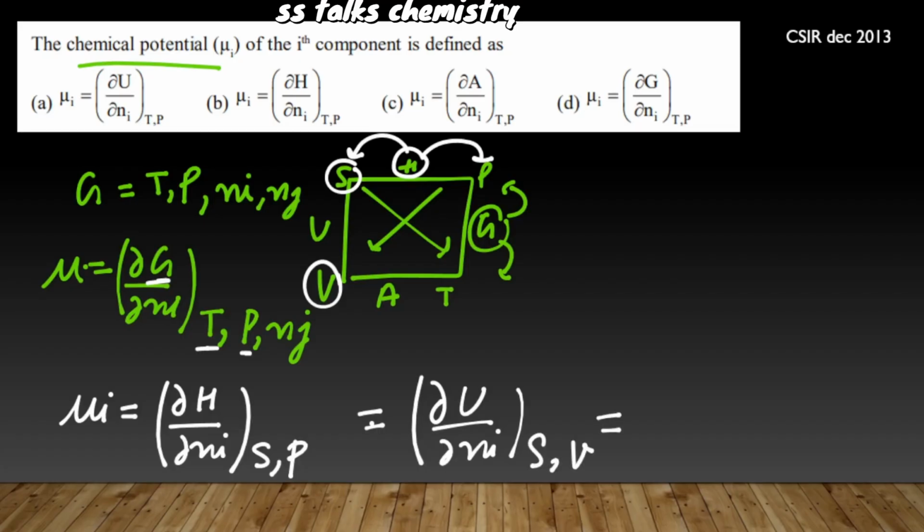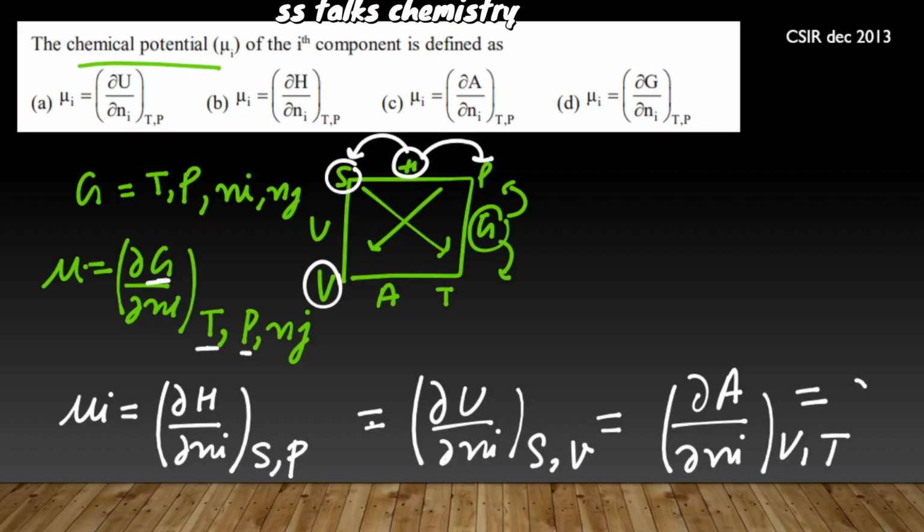This is also equal to, in terms of the Helmholtz energy, del A by del of Ni at constant volume and constant temperature. In the Gibbs free energy, it is del G by del of Ni at constant temperature and pressure. The only difference arising is the constant variables that we are keeping. So now just look for that only.